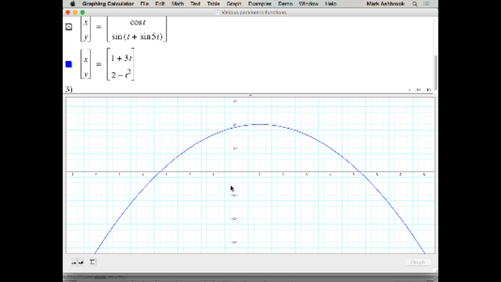Now for this one, notice that you could rewrite this as an equation of x and y. How can you rewrite it as an equation of x and y? So y is 2 minus t squared. And how could we rewrite that in terms of x?